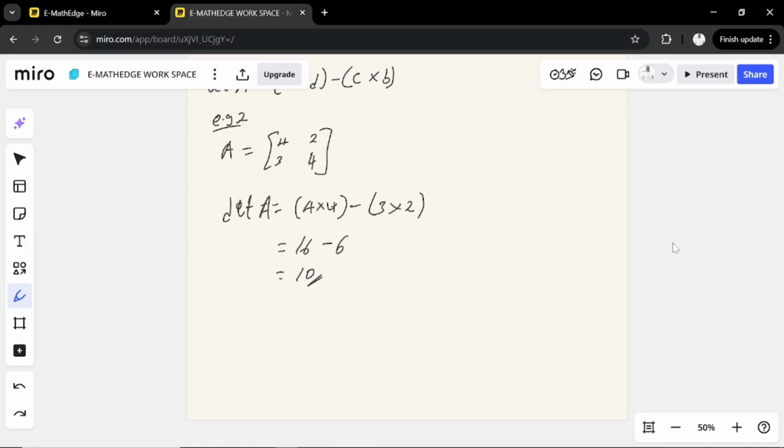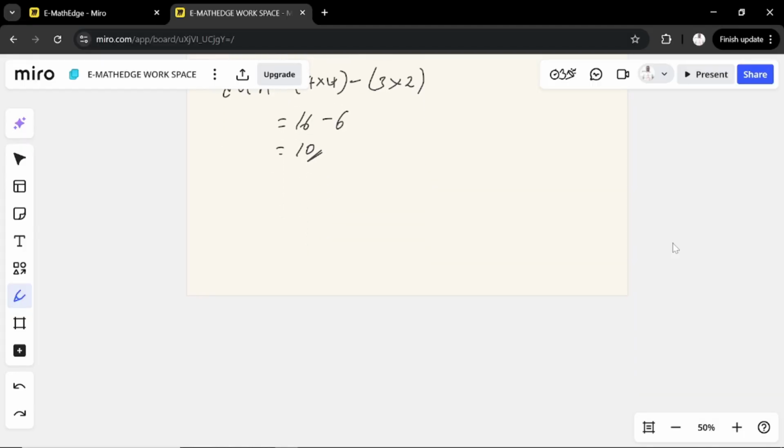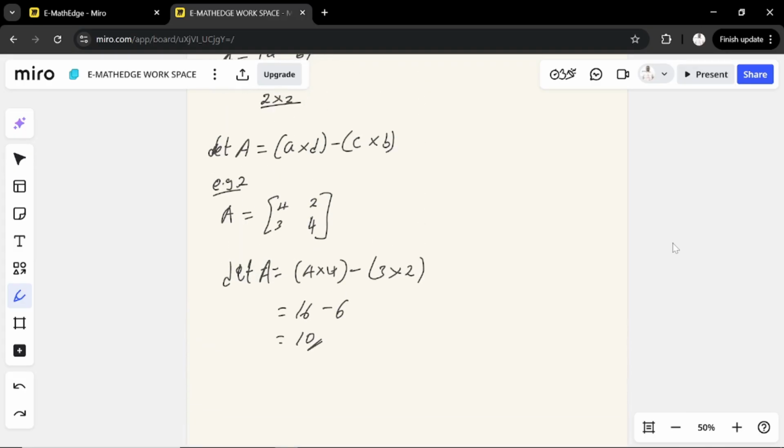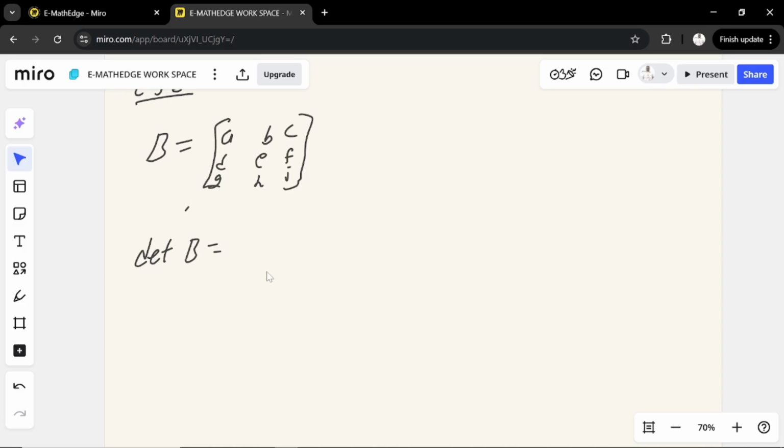So that is it for the determinant of a 2 by 2 matrix. Let's go ahead and obtain the determinant of a 3 by 3 matrix as well. So now we are going to look at how to obtain the determinant of a 3 by 3 matrix.